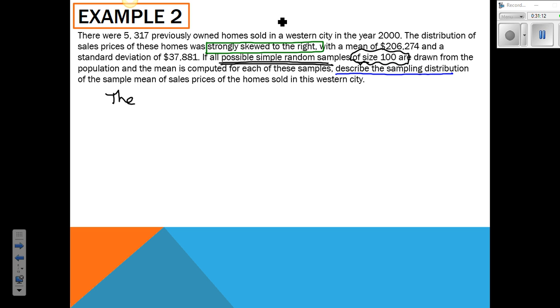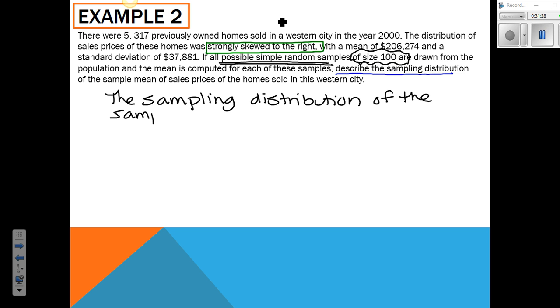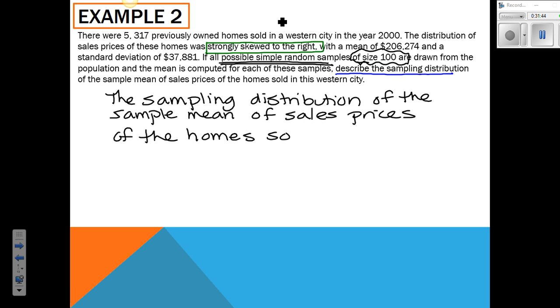We're going to say first the sampling distribution of the sample mean of sales prices of the homes sold in this western city is what?